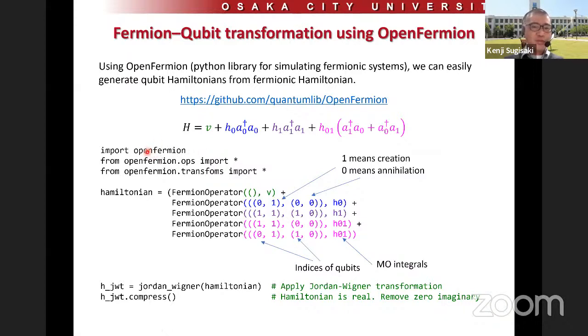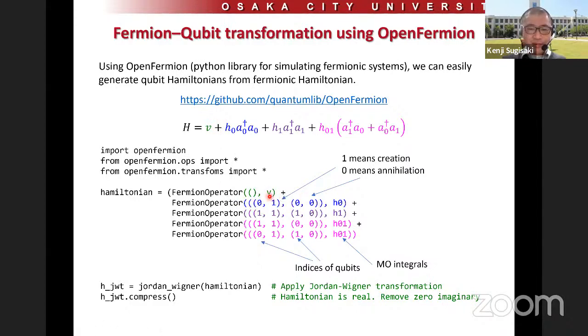First, import OpenFermion, some functions from operators and transformations. Then the Hamiltonian is defined as shown here. FermionOperator with the blank argument corresponds to the term without any creation or annihilation operators.